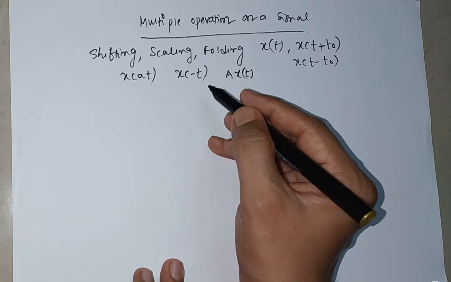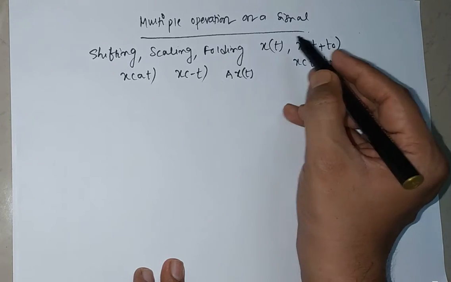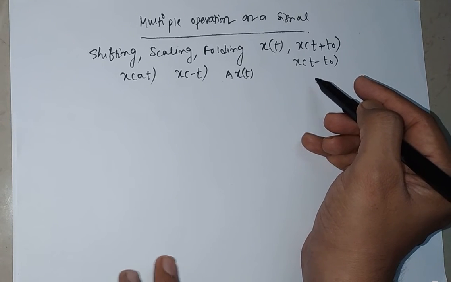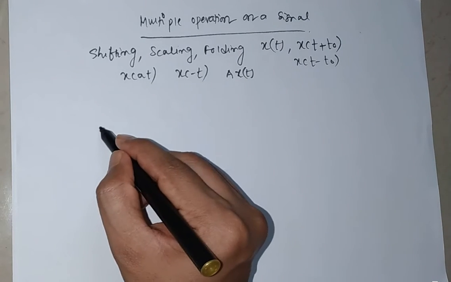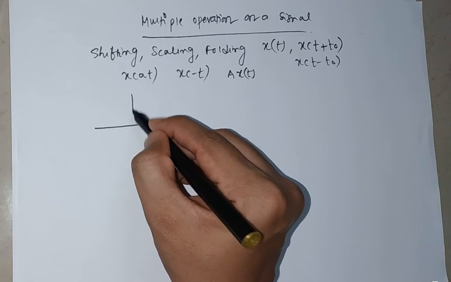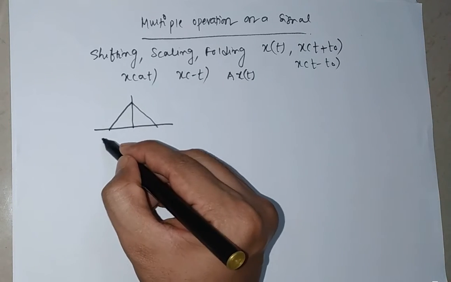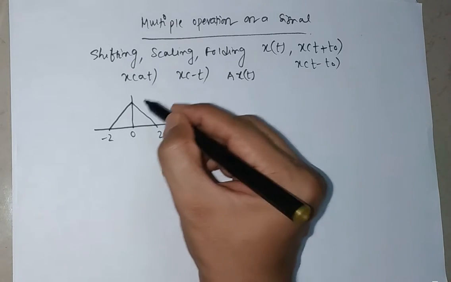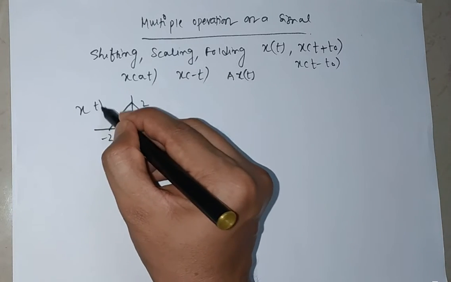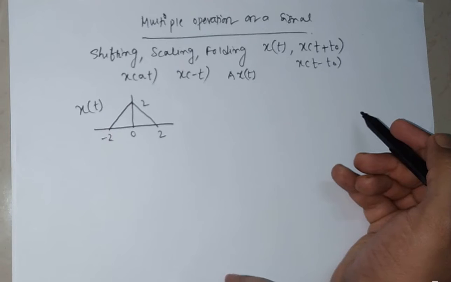Clear? Now, how to do multiple operations on a single signal. Let a signal be given like this. This is our continuous time signal x of t.